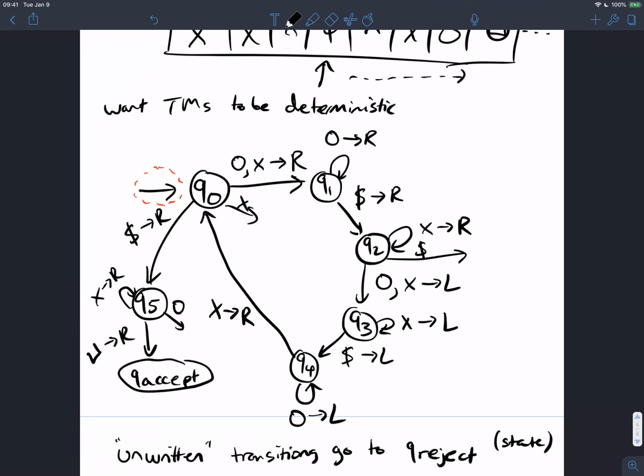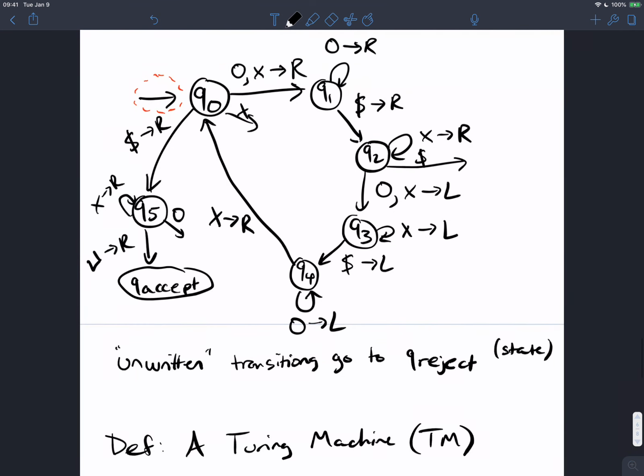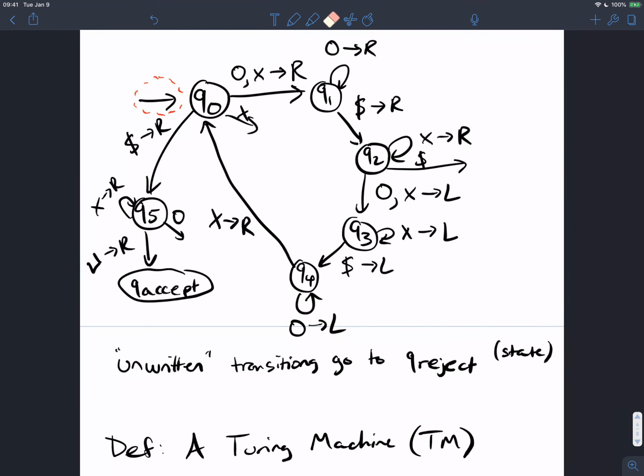Oh, it says start there. Does that mean I can start in Q2? I mean, I can put the arrow there, but in this diagram, can I start at Q2? No, right?